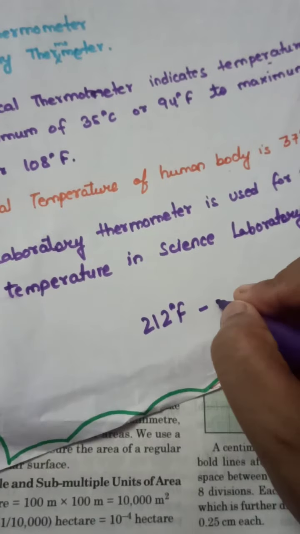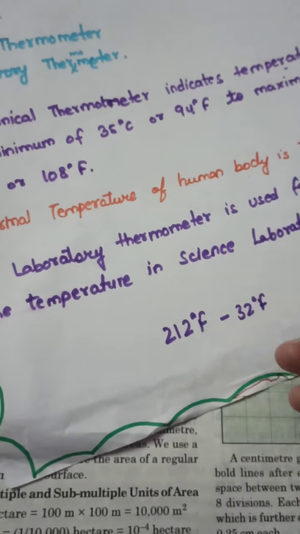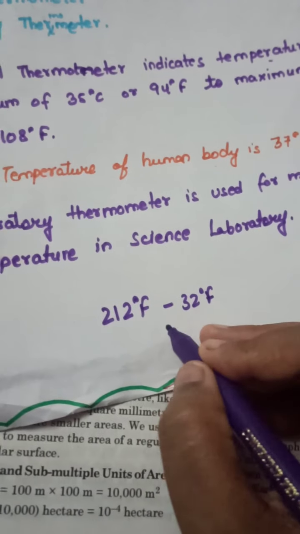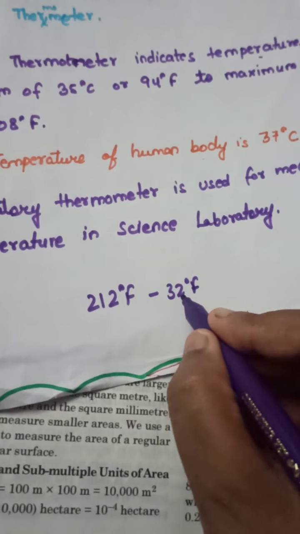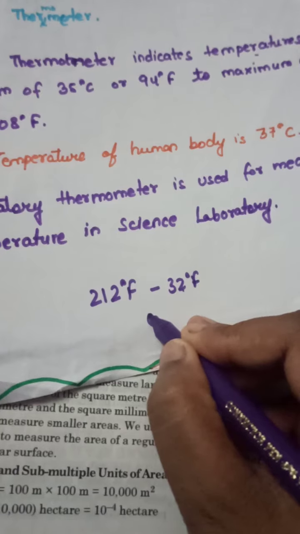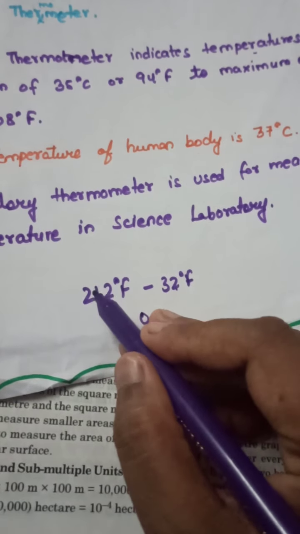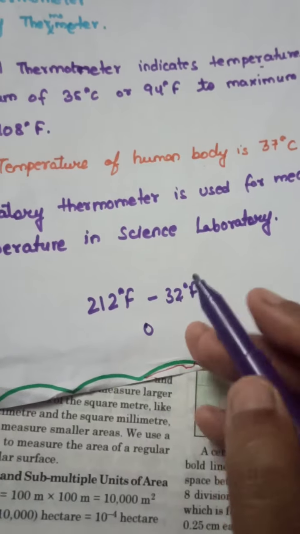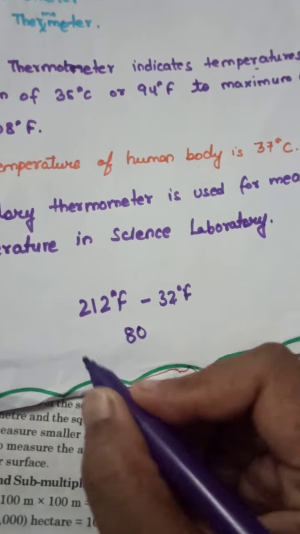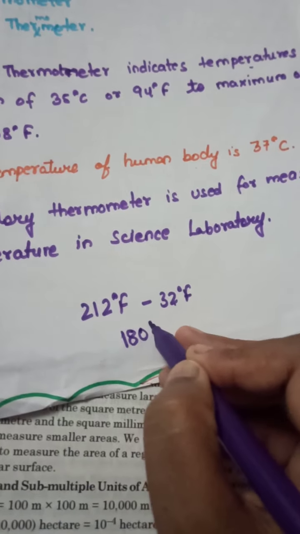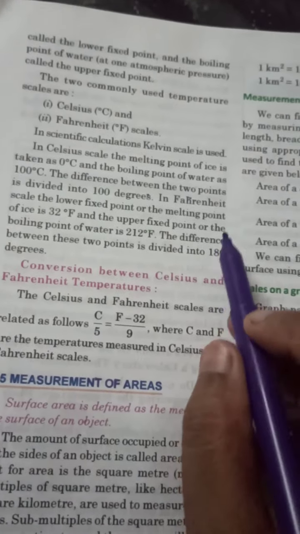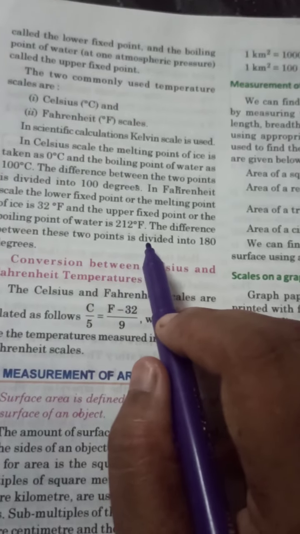Let us subtract 32 degree Fahrenheit from 212 degree Fahrenheit. 2 subtracted from 2 is 0. 3 subtracted from 1, we will take a borrow, so it will become 11. 3 subtracted from 11 will give us 8, and 1 will be left over here. So this is how we got 180 degrees as the difference between these 2 points.